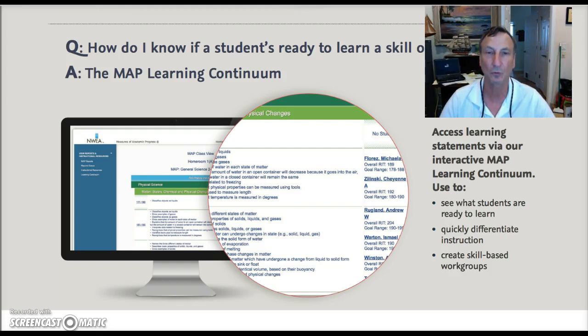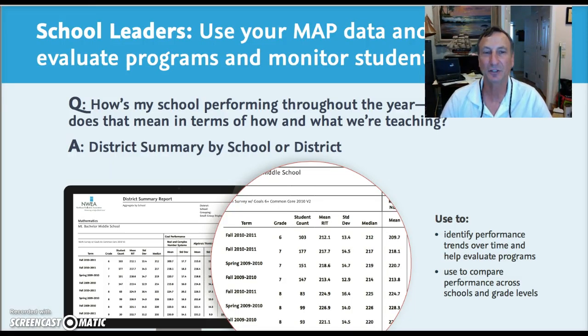So let's roll that up to the next level and see how we might be justifying that efficient and effective use of resources. Next, you're looking here at the MAP data reports to evaluate programs and monitor student performance.